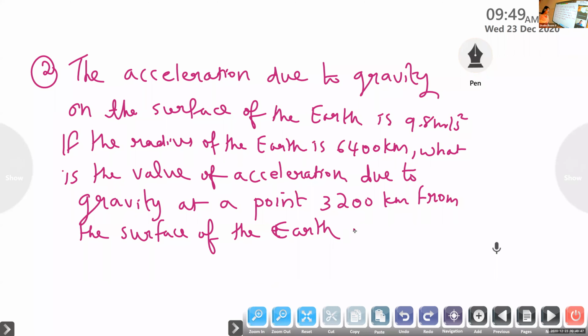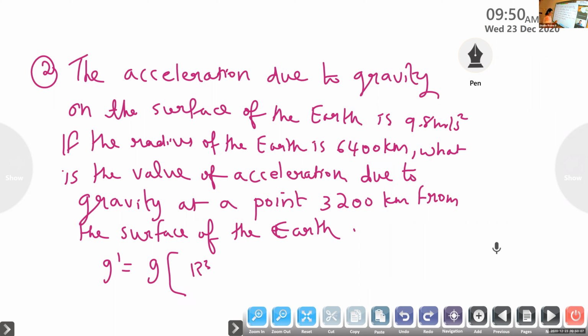So it's a direct question. We know what is g'. g is given, radius is given, and height is given. So we have to substitute g' is equal to g into, either you can use 1 minus 2h by R, otherwise you can use this equation also.